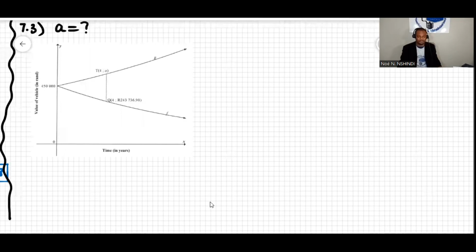Because the question says that we need to find the value of A if the average price increase of the vehicle is 8.1% per annum, we know that A is given by the principal times open bracket 1 plus I, because this is not depreciation, this is an increase. So we're looking at the other function, the G function, because this is where the increase is.